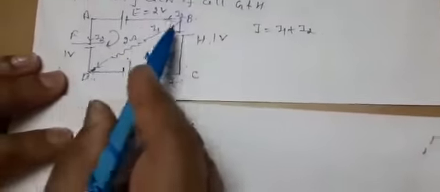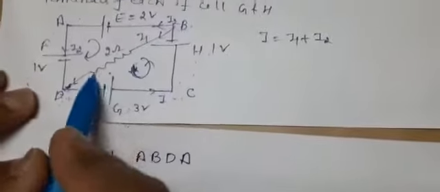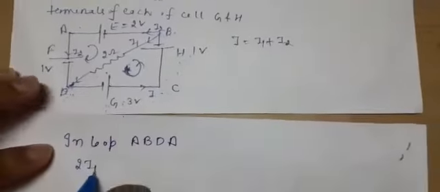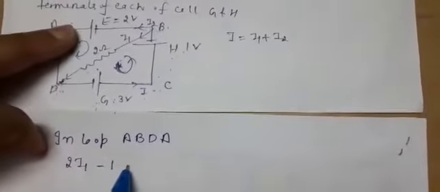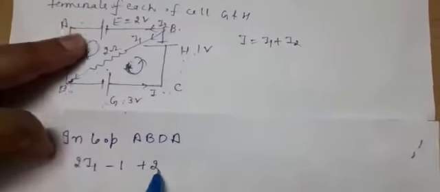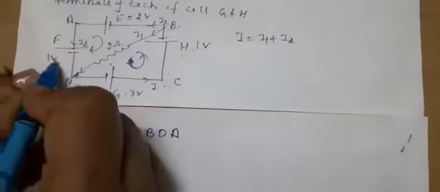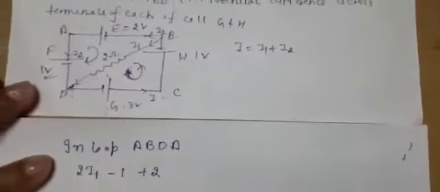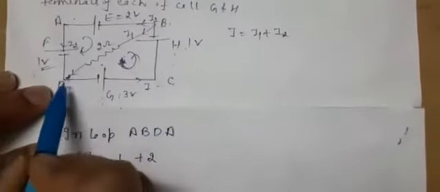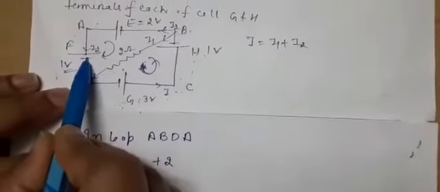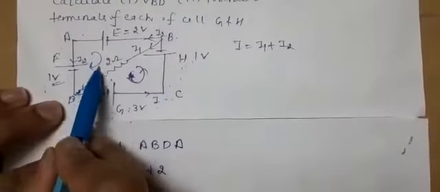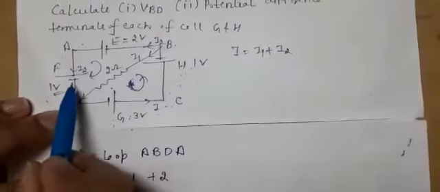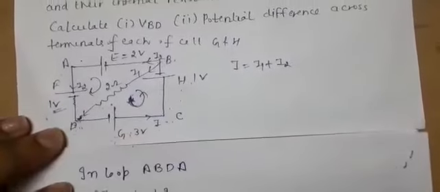Now as per this loop, the current is I1, so 2 I1, negative terminal coming first, minus 1, then plus 2. Apart from it, one thing you have to consider is that this cell has internal resistance. Here we are taking the loop opposite to the direction of current, so its resistance is also present.